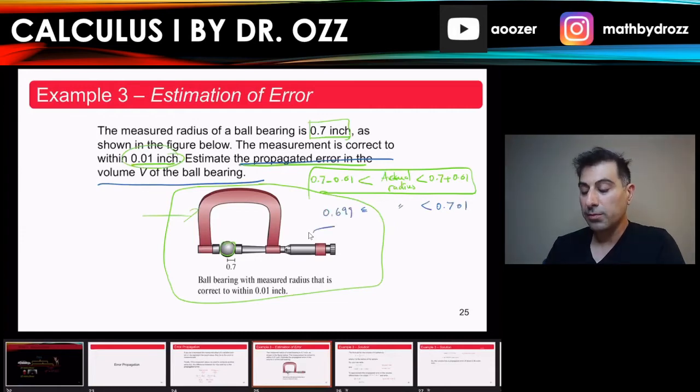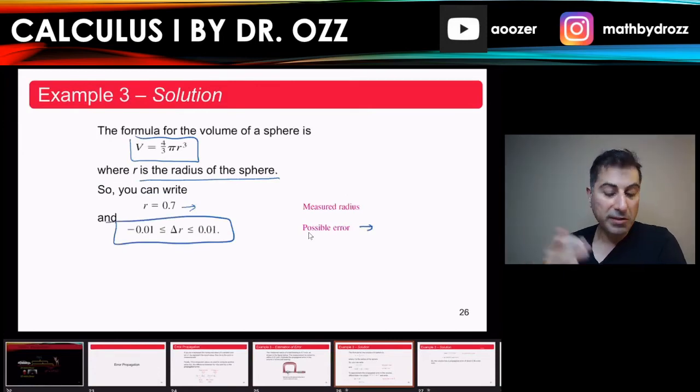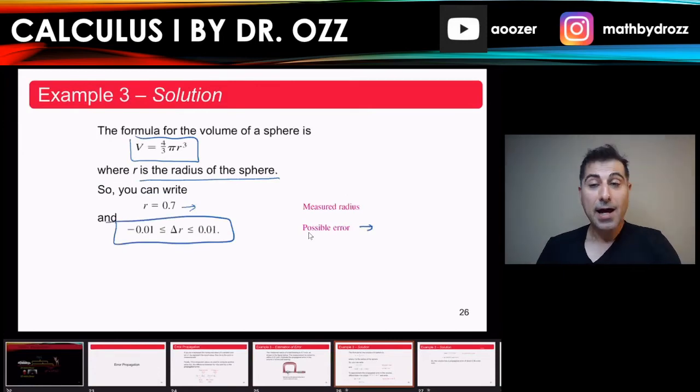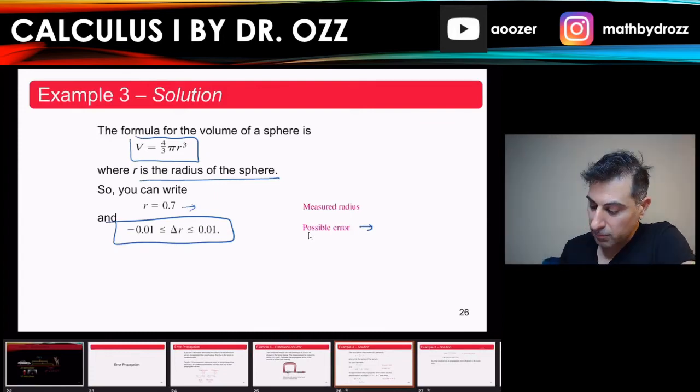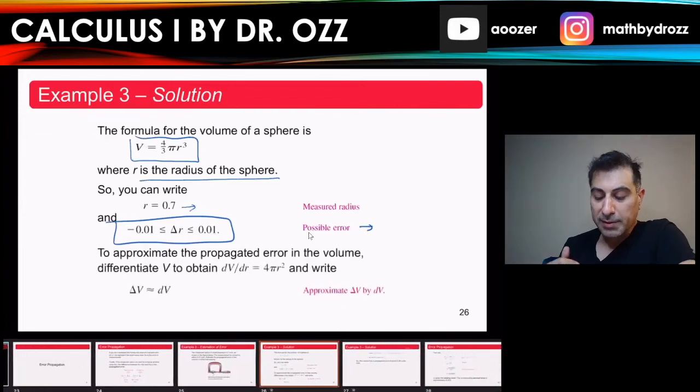So this is the actual radius, and here you have a possible error in the measurement. It looks very small, but let's see how this error is going to propagate in the calculation of the volume.